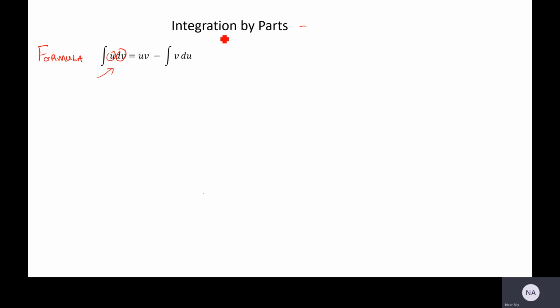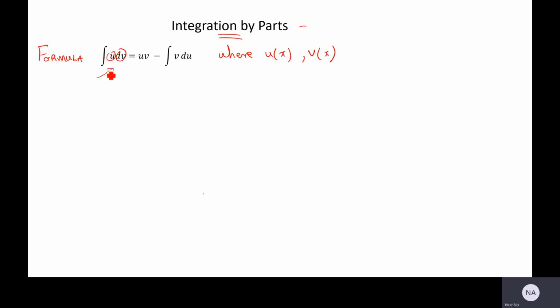And when we use this formula, it is called integrating by parts, where U is a function of X and V is also a function of X.